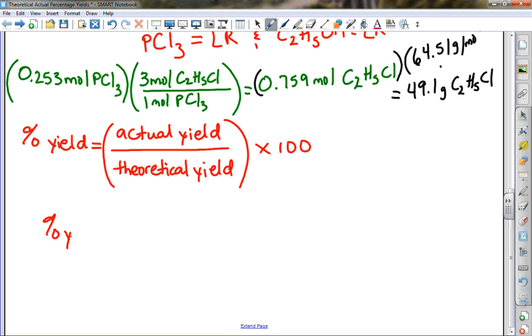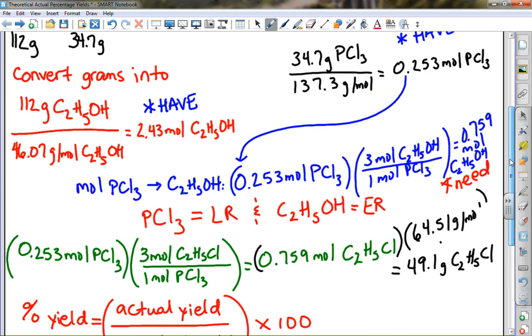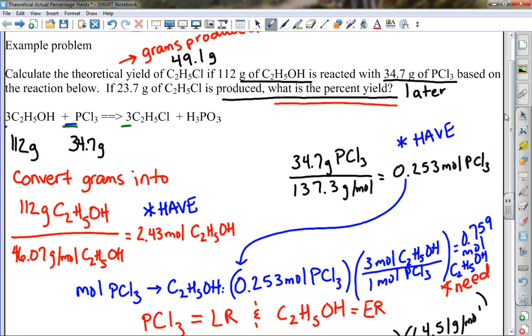This percent yield that we're solving for, let's look up the question. It says if 23.7 grams of C2H5Cl is produced, this 23.7 grams is the actual yield. This is saying it's actually produced, the actual yield.